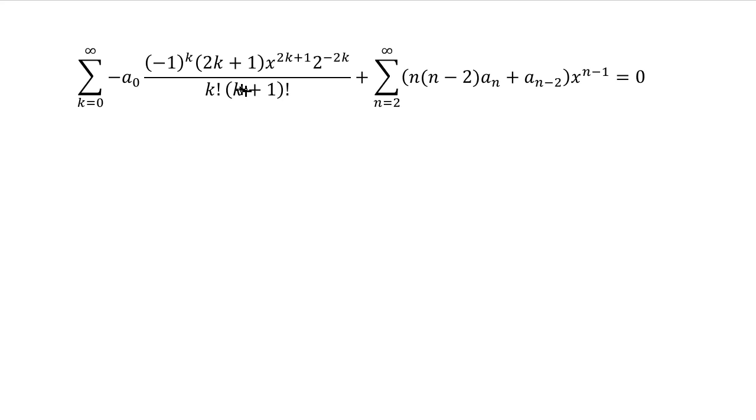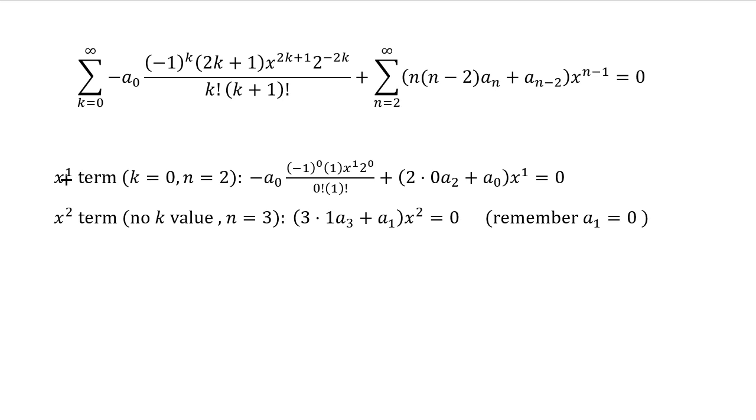So for a while, let's just leave it like this and look at what powers of x it produces and see what equations you get. So first, the x to the first term, that's when k is 0 and n is 2, will give you the following. And that's a meaningful equation. We'll see. Actually, let's see. This is one. Oh, so this one just has negative a0.